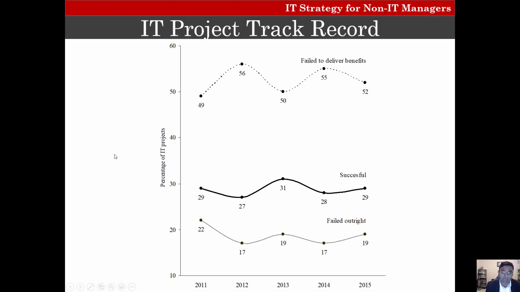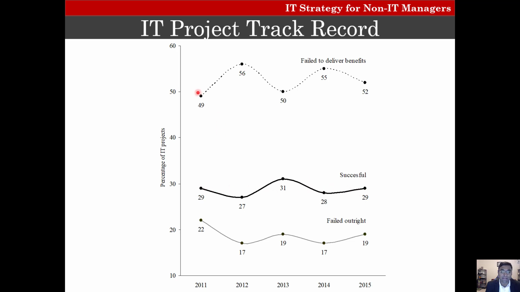So for the IT project track record, here is a graph from 2011 to 2015. Here is the percentage of IT projects which have failed outright. Consistently, about 20% of them have failed outright. Then we have successful projects, close to 30%.